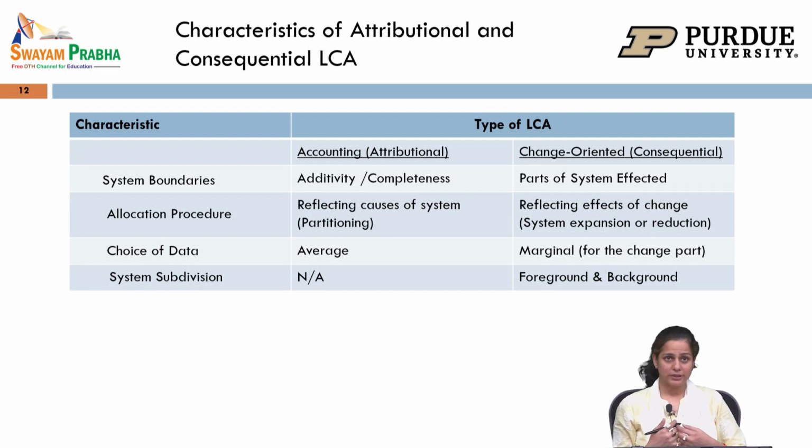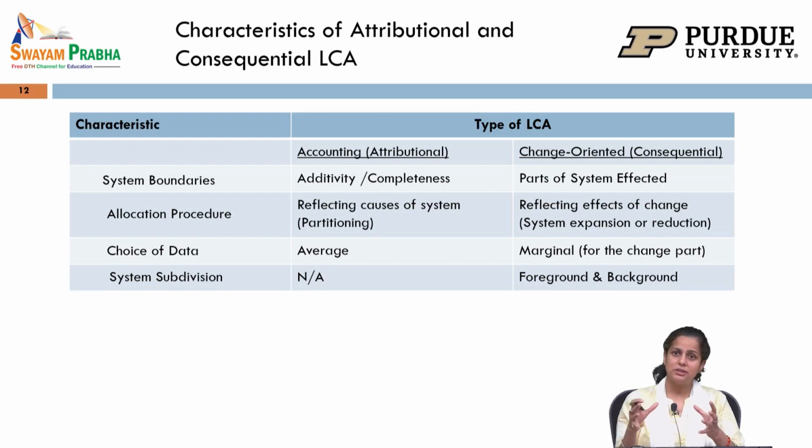There is another thing which is the allocation process. We will go through allocation next in a few minutes, but the allocation process in attributional LCA is reflecting causes of system or partitioning, which is basically saying what part of my system that is included is contributing to the manufacturing of that particular product. And in the case of consequential LCA, we are reflecting effects of change.